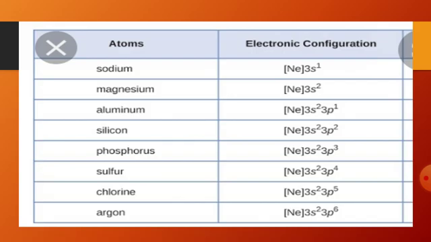Here argon completed its octet configuration. See, 3s2 3p6, 2 plus 6 is 8. If anyone asks you what is the atomic number for magnesium, what is its electronic configuration, how many elements are present in the third period, you're supposed to answer each and every question.